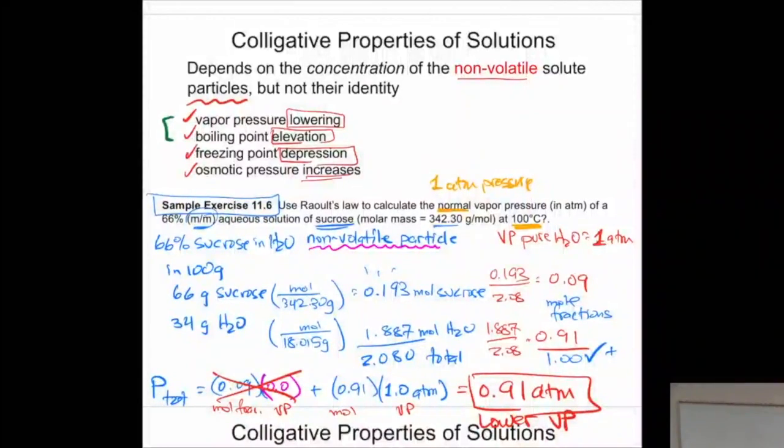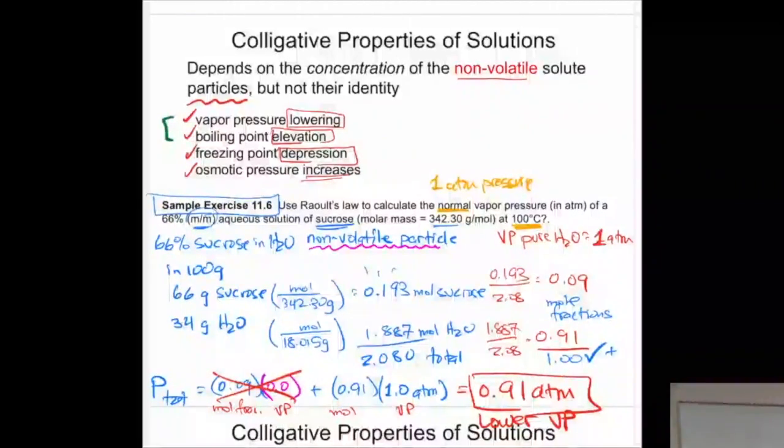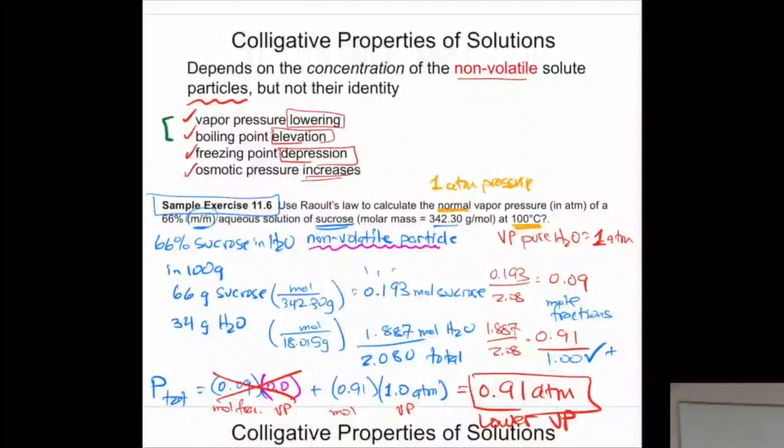And because it gets lowered, you need more energy for that liquid to get the lower vapor pressure to now match the atmospheric pressure above the liquid, because you've now learned that's the definition of boiling point: when the vapor pressure is equal to the atmospheric pressure coming down on the liquid. Okay? So those two are tied hand in hand.